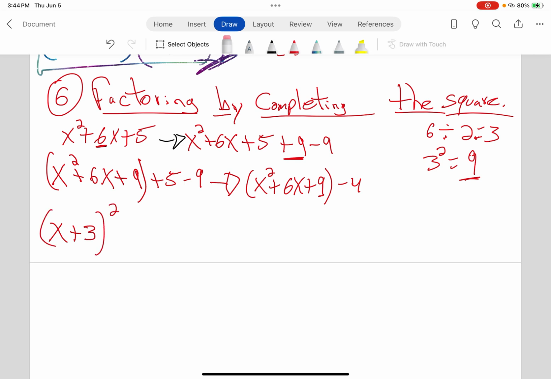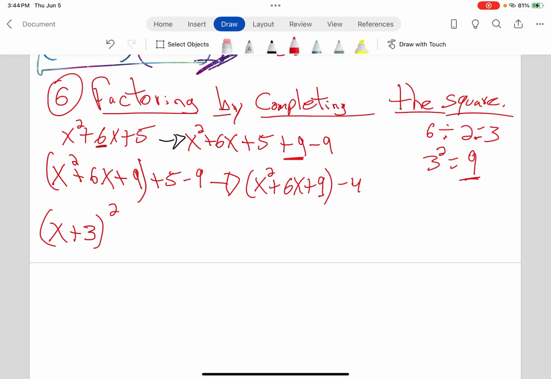If you say why can I do that? This is why. This is because when you multiply, we write it here to the right. When you multiply this, the square means multiplying the same thing twice, right?